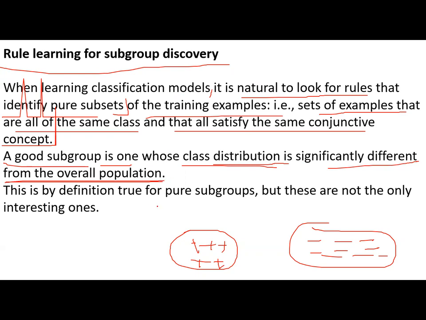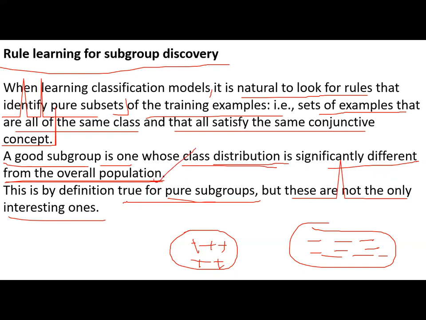This is by definition true for pure subgroups, but these are not the only interesting ones, my dear friends.